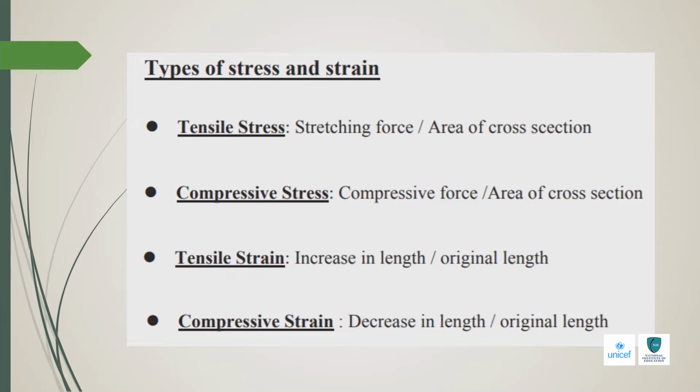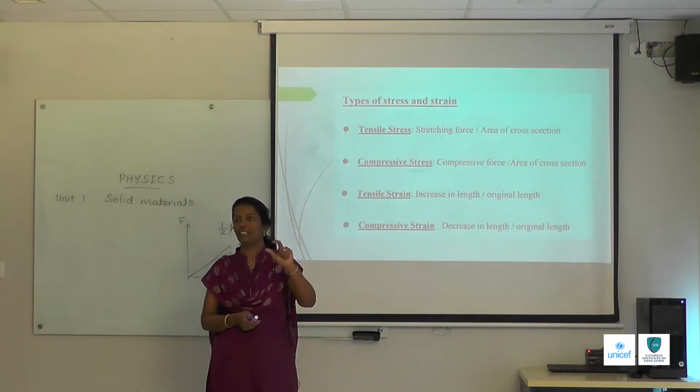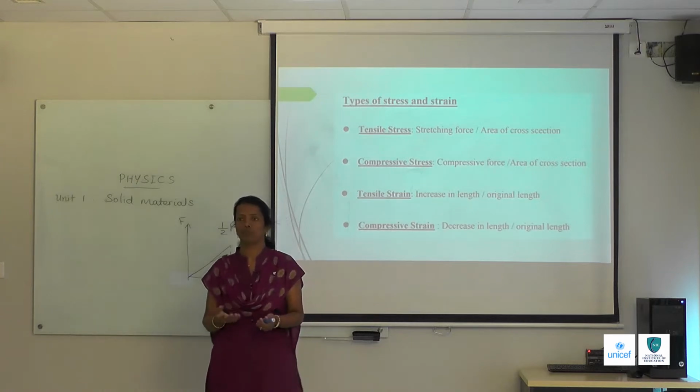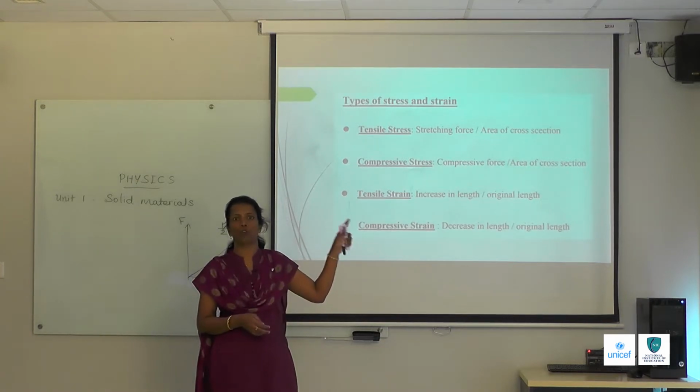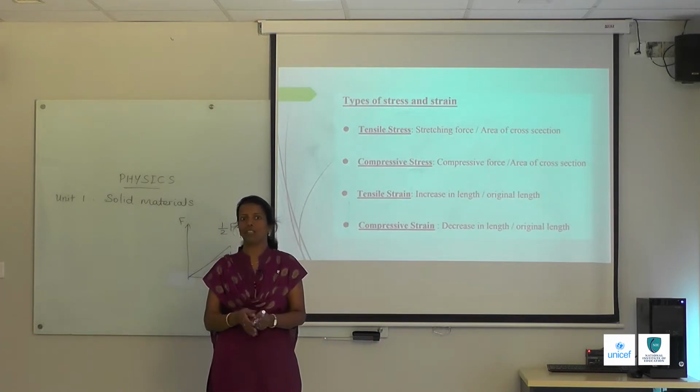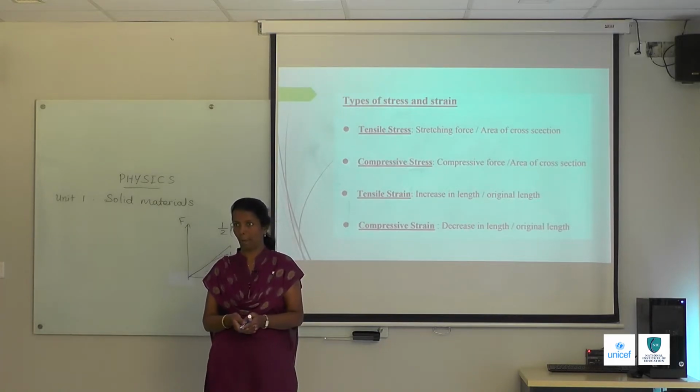This is a very important question, actually a repeated question in Edexcel. Define tensile stress. So, you need to be very specific about the type of force. It should be stretching force divided by area of cross section. It also has the same unit of Newton per meter square.